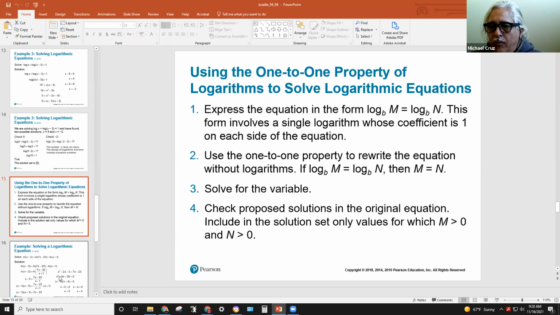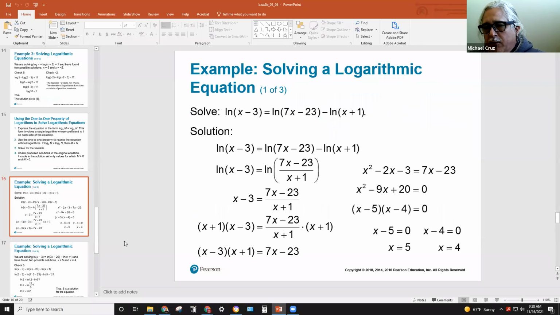The coefficient's got to be 1. In other words, what's multiplying it? Use the one-to-one property, rewrite the equation in this form, and then we've got m is equal to n, very similar to the first property. That's the first type of equation.